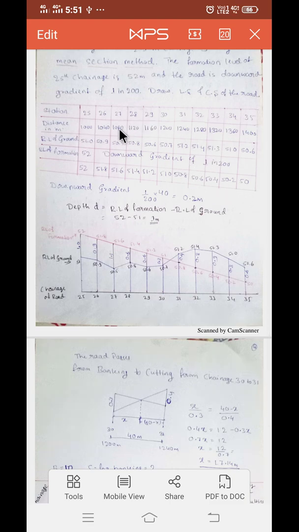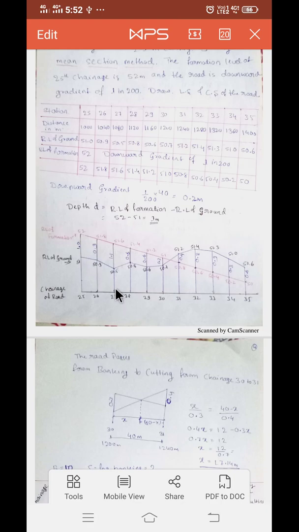So as per this data, I will draw the longitudinal section of the road here. Okay, the chainages I have written here. In the x-axis, for the 25th chainage, by using the scale, the RL is 51 meter.